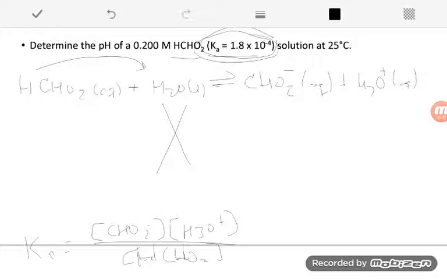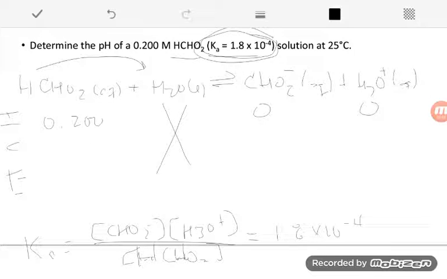We do know Ka in this case, so we actually know this whole thing is equal to 1.8 times 10 to the negative 4. But that's about it. We don't have any of my equilibrium concentrations, so we can't solve for these straight away. We need to fill out our ice table. So my initial concentration of my acid was 0.200.